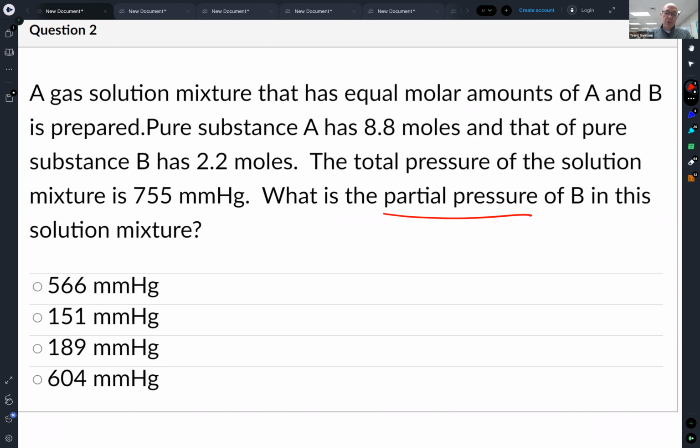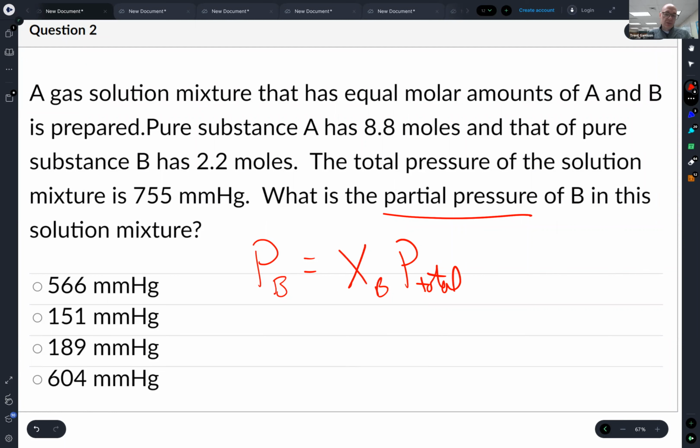So what we're going to do is multiply the partial pressure of B, and we're going to put on top the mole fraction of B times the total pressure here. This is just another little formula you should have had in your arsenal of weapons to solve these. It says that the total pressure is a sum of 8.8 and 2.2.